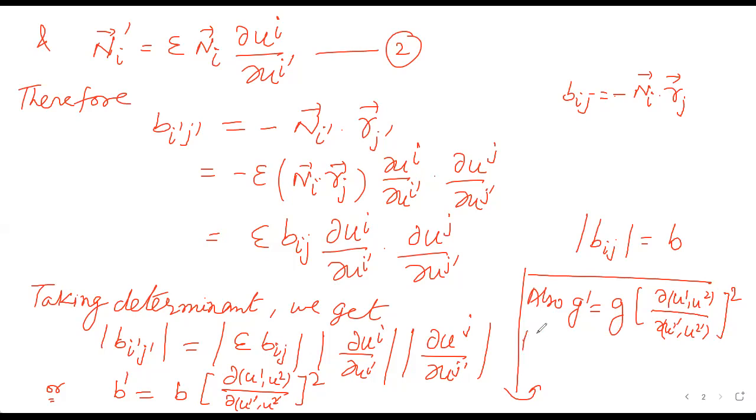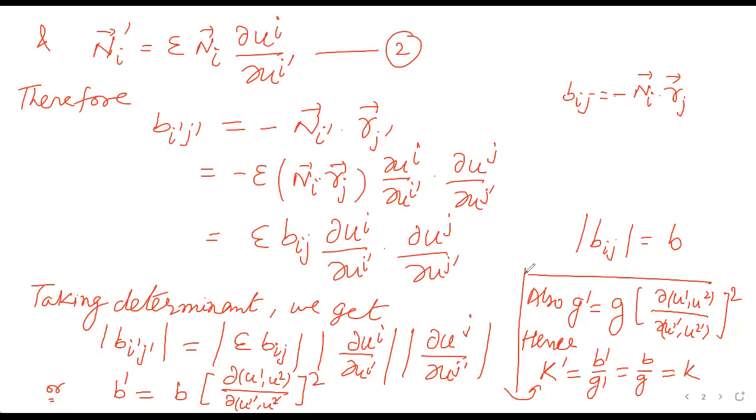So hence K dash, that means Gaussian curvature in the new coordinate system, it will be what? B dash upon G dash. और वो कितना आएगा? B upon G, this will cancel out, so you got B upon G, which is same as K. So it means K remains invariant under the coordinate transformation. You are getting the same K dash. So what I can say?